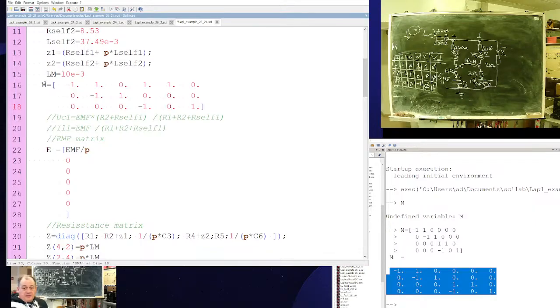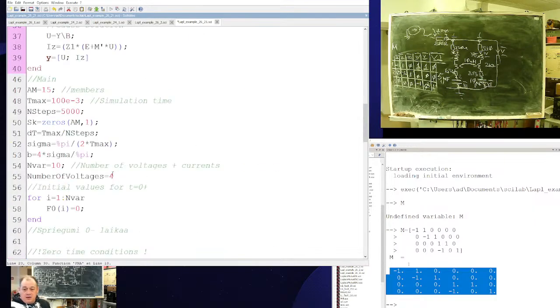Yeah. And I have, sorry, only 3 voltages and 9 variables. It was a stupid mistake.